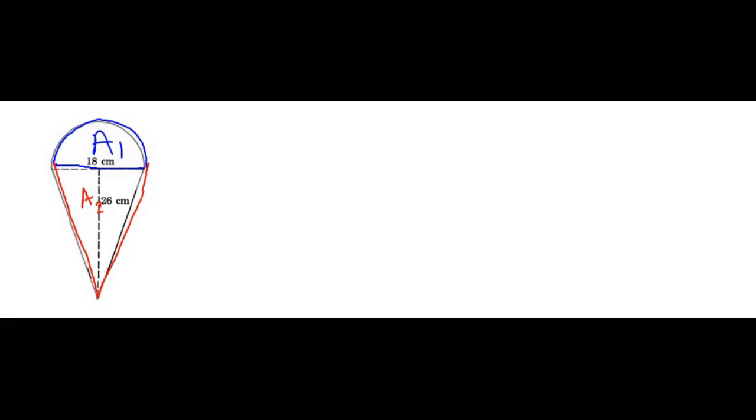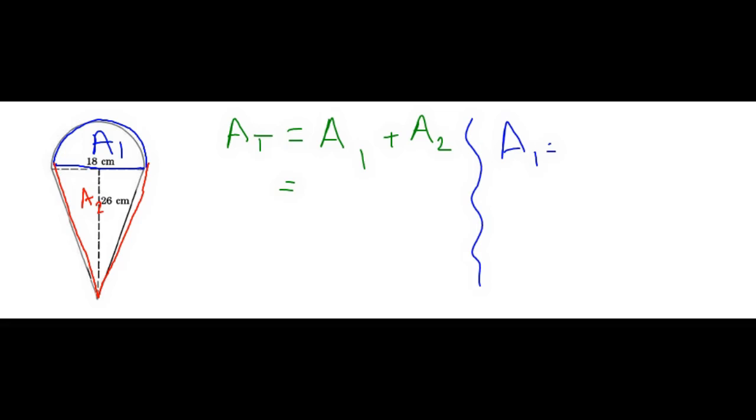So I know overall that the total area is going to be equal to whatever area 1 is plus area 2. And so eventually I'm going to have to figure out what those areas are. So I'm going to start with that now. So area 1 happens to be a semicircle, right?